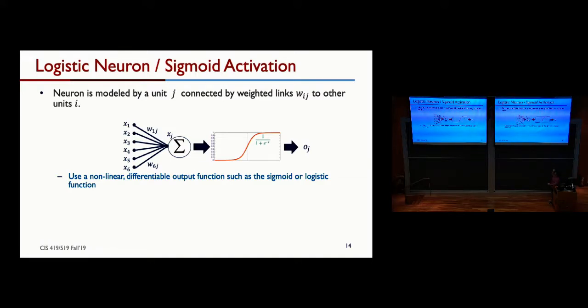For an arbitrarily large negative value, the output approaches 0. E to the negative something very large is e to the something very large in positive values. So 1 over that value would be approaching 0. Right? Okay, great.